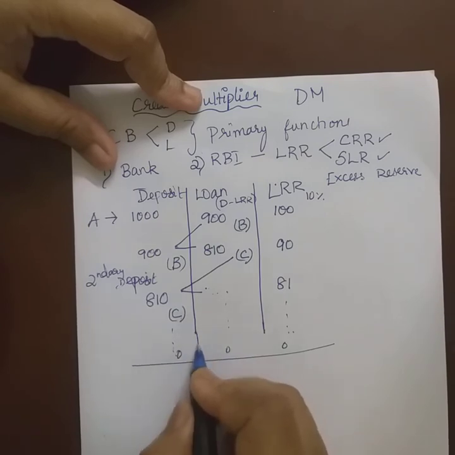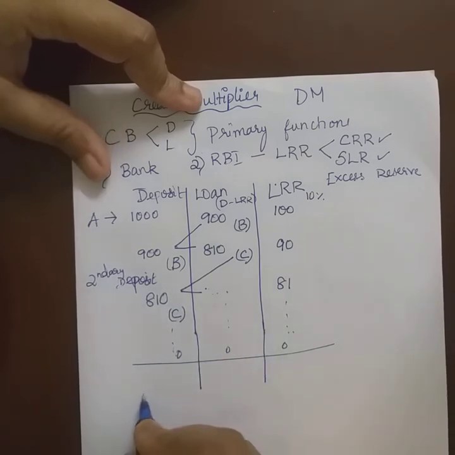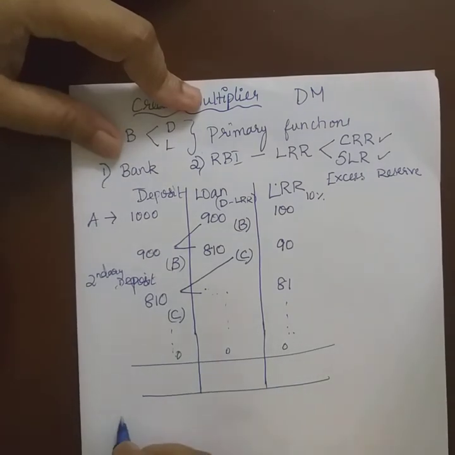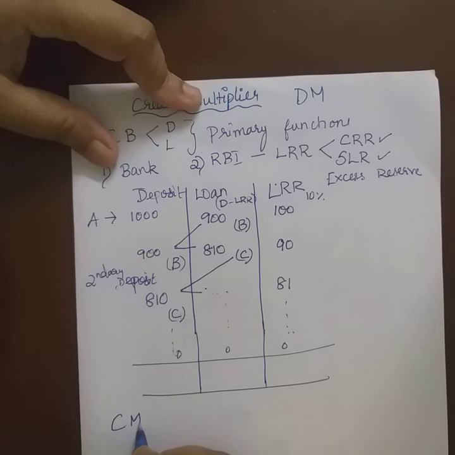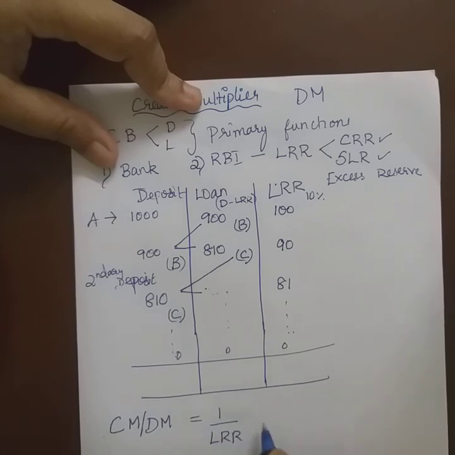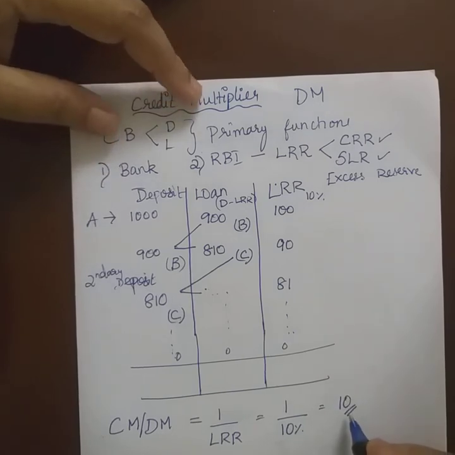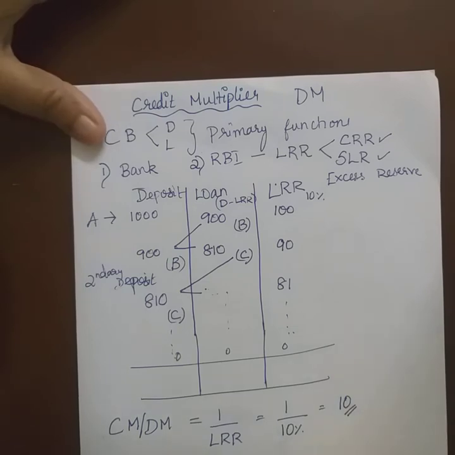So how do we understand to what extent the credit has been created? Yes, so the credit multiplier or the deposit multiplier can be understood as 1 by LRR. In this case, we have assumed that LRR is 10%. So that means the deposit multiplier in this case is 10, or money is going to multiply 10 times, right?